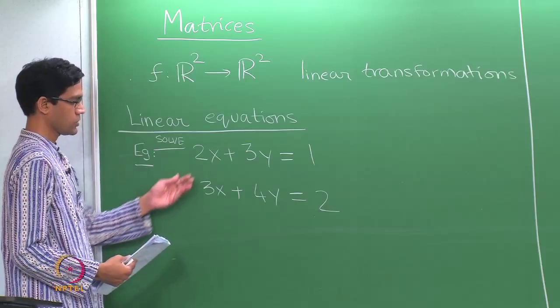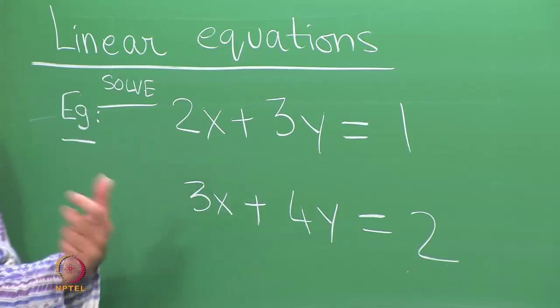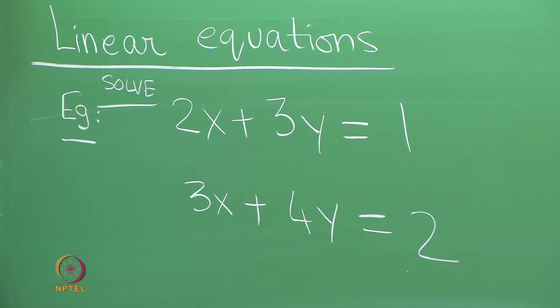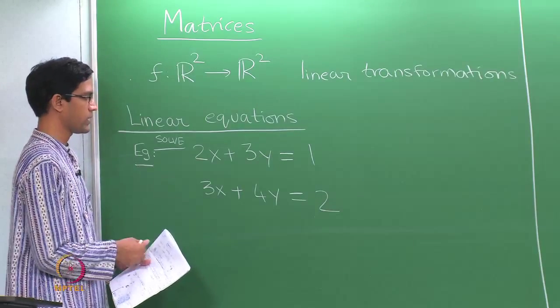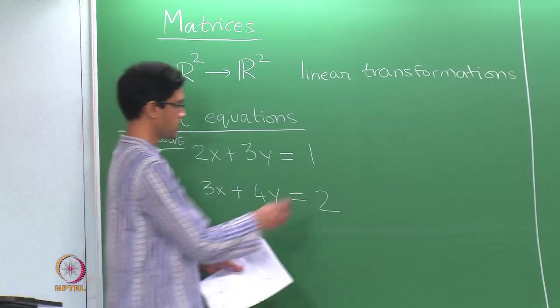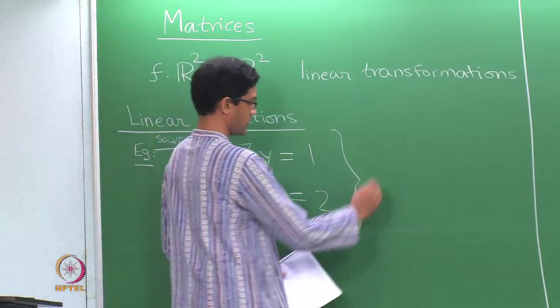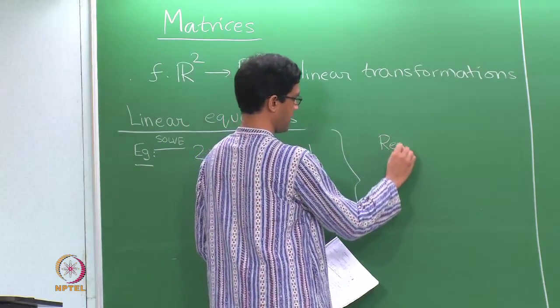Of course there's always a way of trying to eliminate one variable in favor of the other and so on, but here's a somewhat clean approach, which is to rewrite this equation in matrix form.